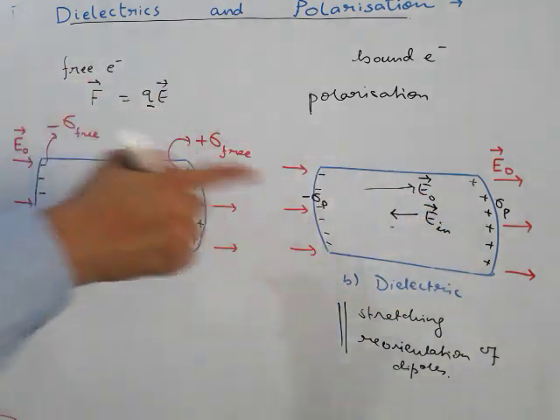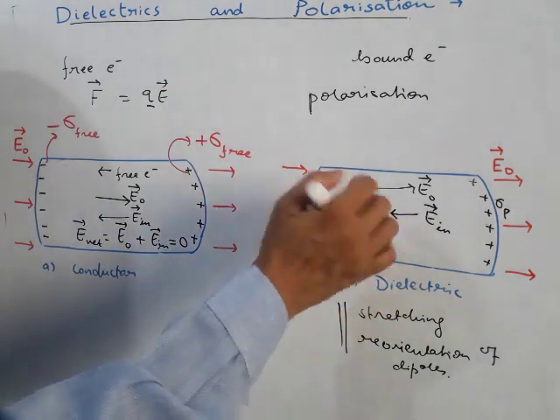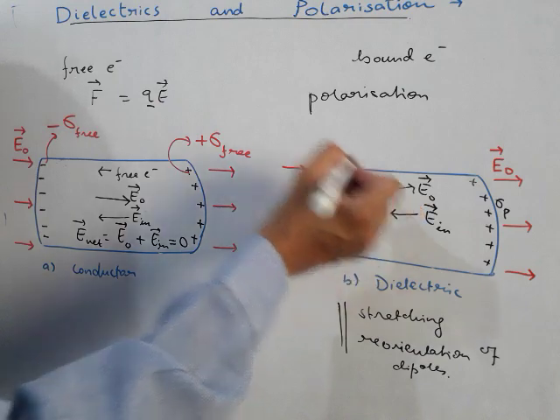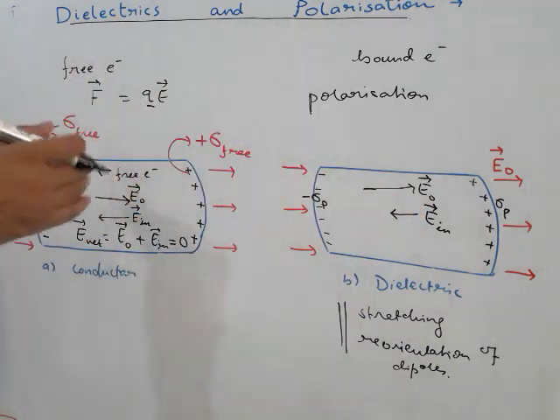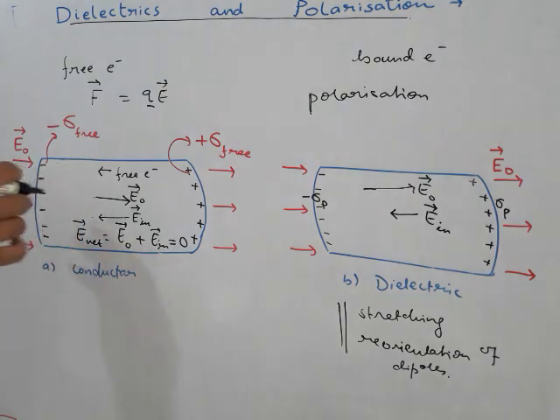But the difference between these two is that this E in vector will be smaller in magnitude compared to the external electric field. Here the free electrons continue to move in case of conductors till both these vectors become equal in magnitude.